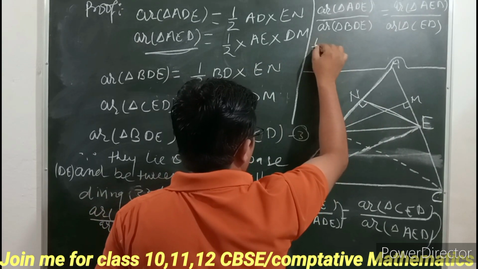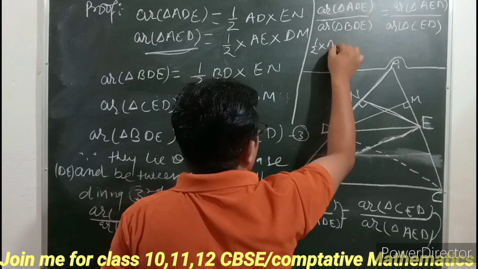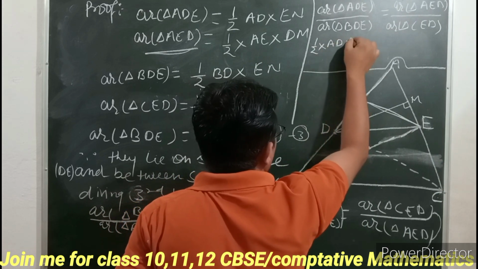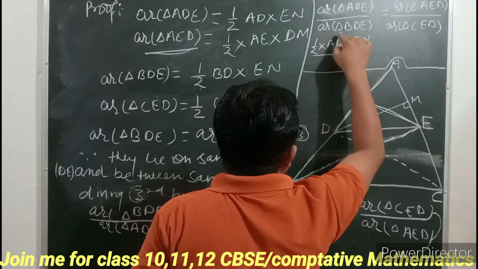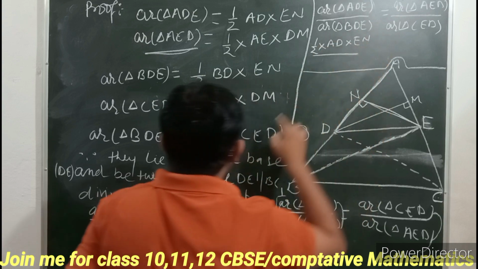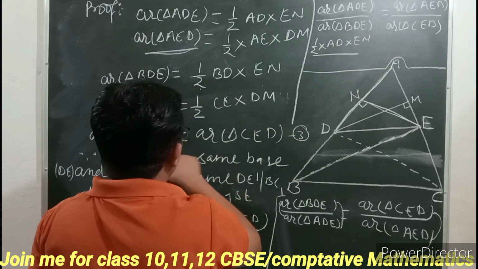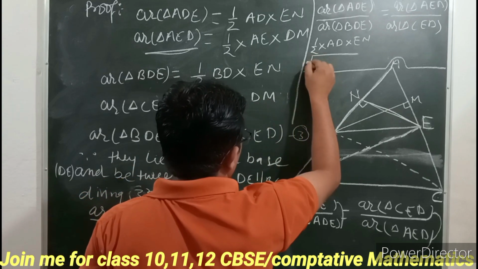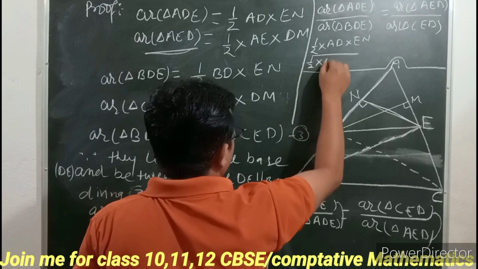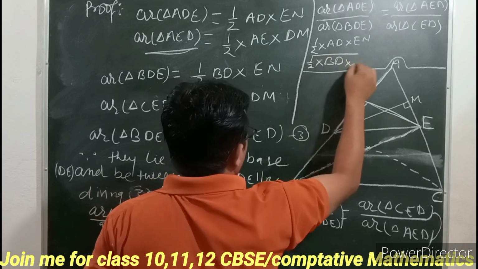Equal to 1 half AD into EN upon, the area of triangle BDE equal to 1 half base BD into EN.